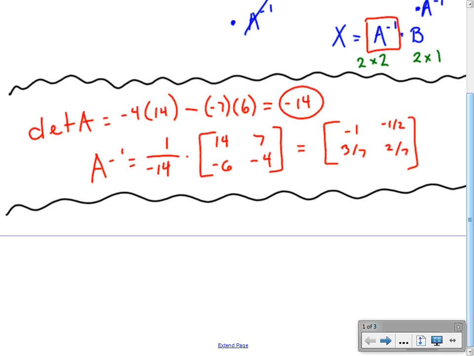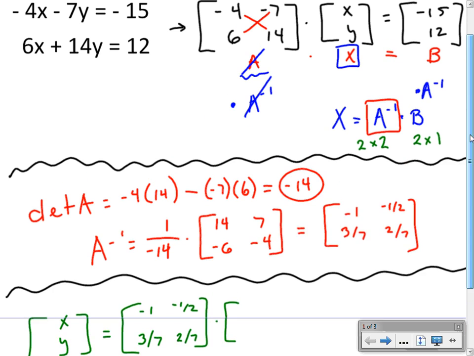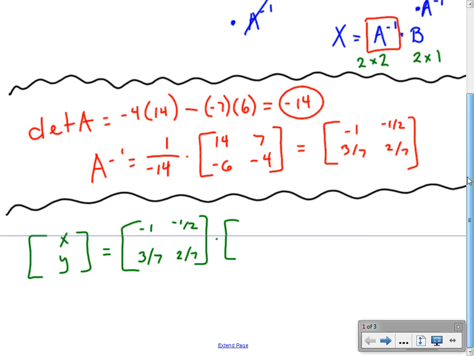Last step here. We're going to find matrix X, our variable matrix, by taking the inverse matrix we just found and multiplying it by our constant matrix, which was B up here, negative 15 and 12.